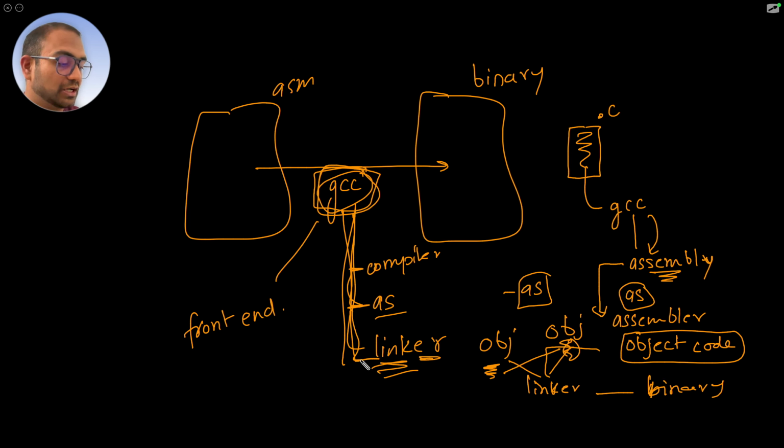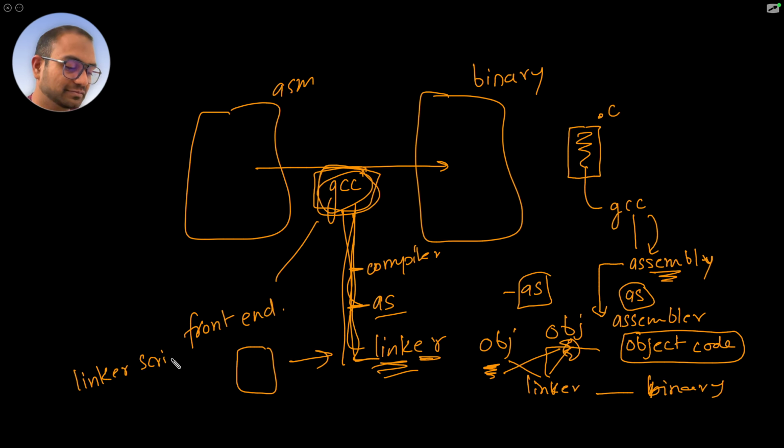Fair? So to be able to tell it that, there is a separate scripting language called linker script. Linker scripting. It's a text-based description that the linker can consume and understand that, okay, you want me to put the code part here, and the data part here.